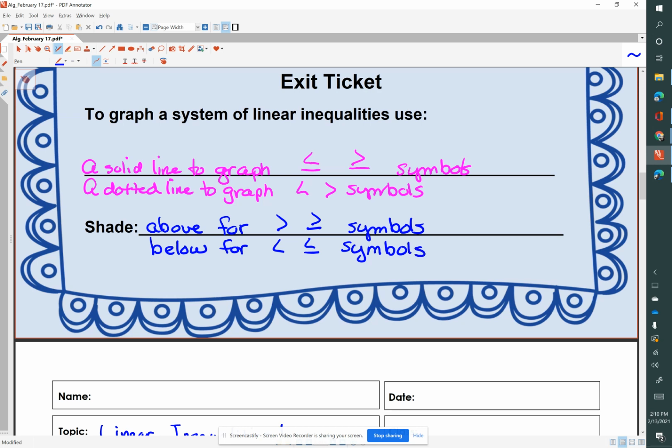So there you have it. Now you not only know how to solve a linear inequality, but you know how to graph it as well.